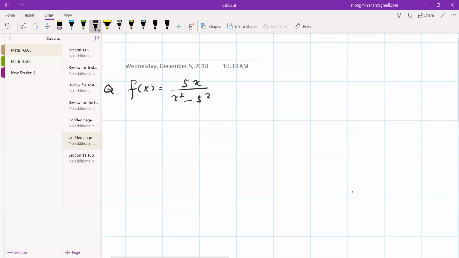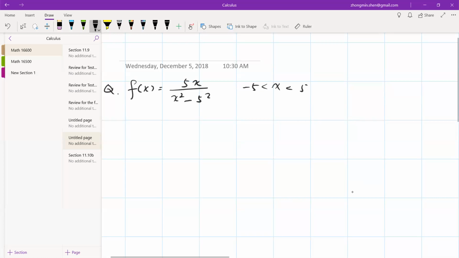I believe this function has an inverse. I'm not going to show that; it's not asked to prove that it has an inverse function. The derivative is going to be negative, so it's a decreasing function over the whole interval.